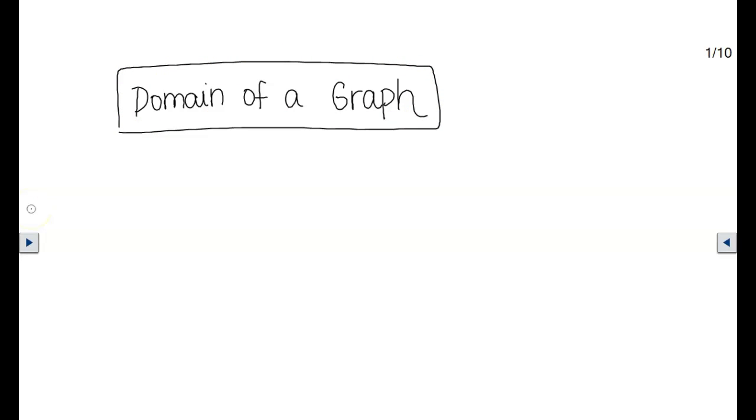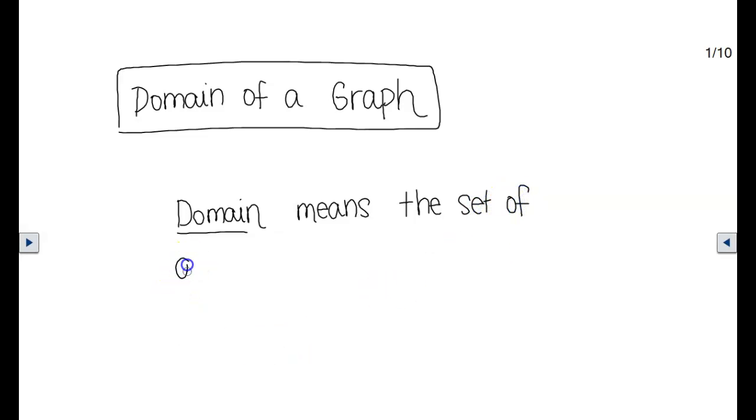We're going to talk about just domain, and you are going to be looking at finding the domain of a graph. Now, what we need to do here before we get started is take just a moment to remember what that word means, okay? So when we talk about domain, it means the set of all x values or inputs for a function.